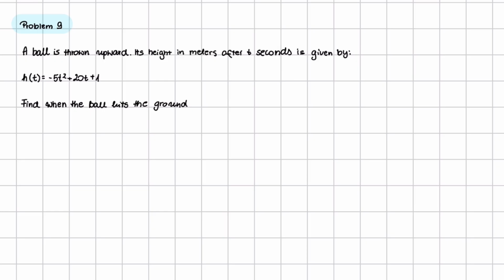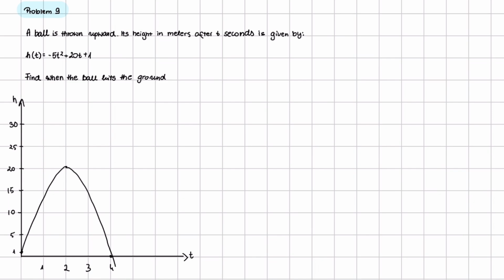So first things first, we can type it into graph and see what our GDC will draw. Your graph should be very similar to this one, and on the y-axis we have h, which stands for height, and on the x-axis we have t, which is time in seconds.